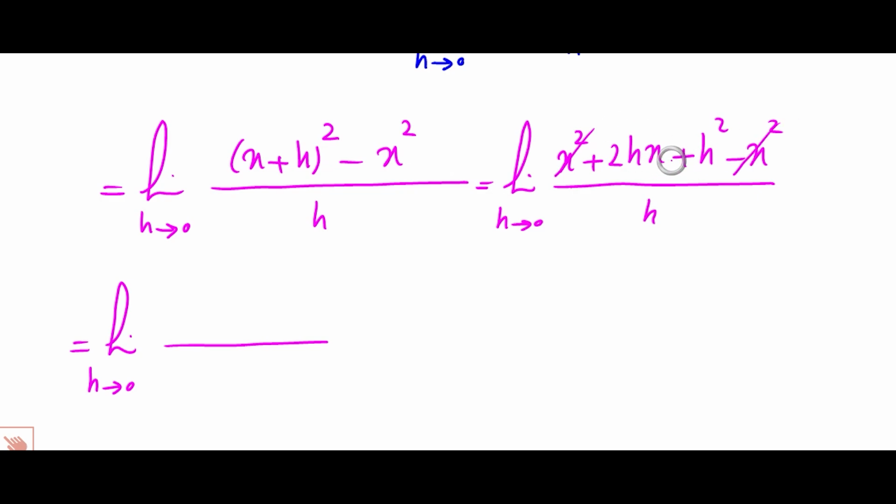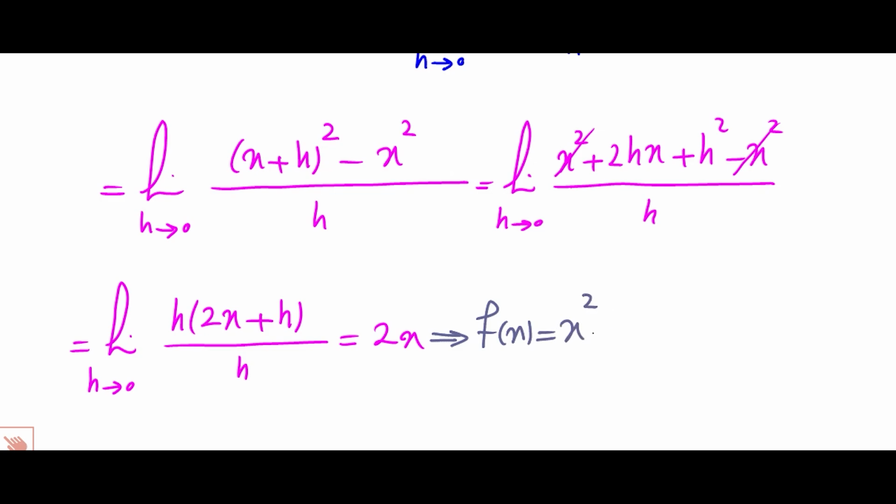If we factor out h from this expression, we have h times 2x plus h over h. The h in the numerator and h in the denominator cancel, and if h approaches 0, we have 2x. So we say if f of x is equal to x squared, then f prime of x is equal to 2x.